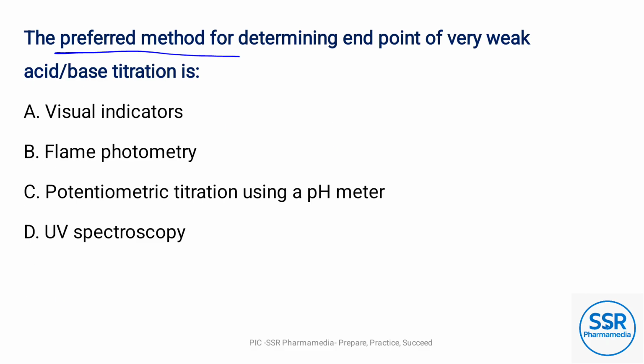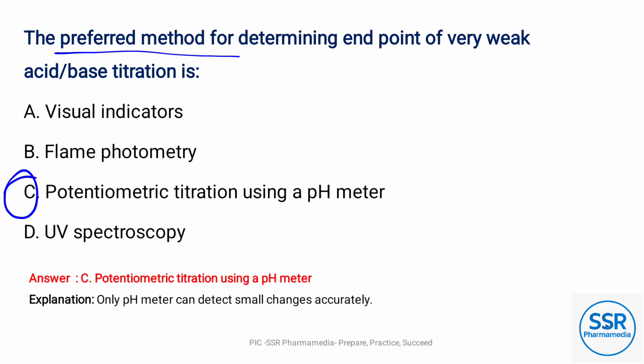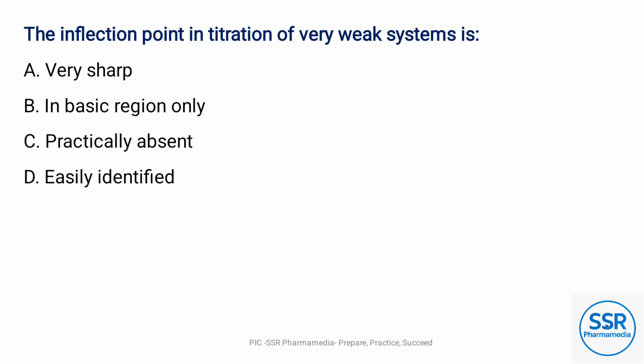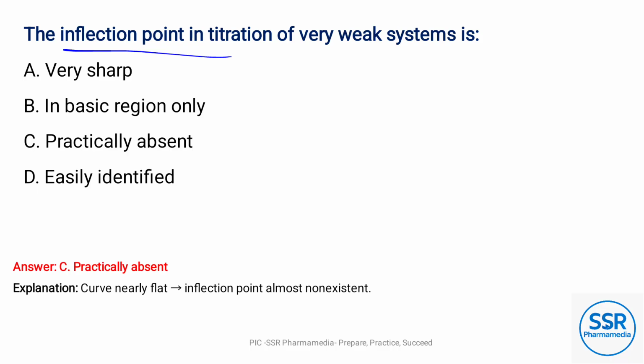The preferred method for determining the endpoint of very weak acid and base titration is, so option C, potentiometric titration using a pH meter. The inflection point in titration of a very weak system is partially absent.